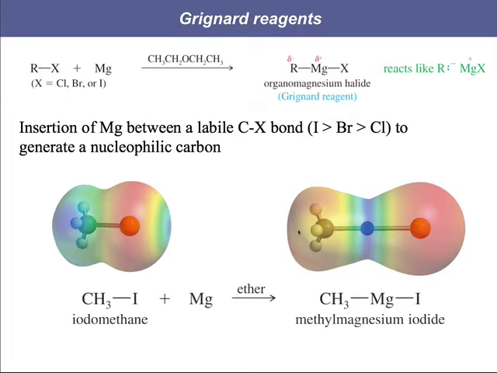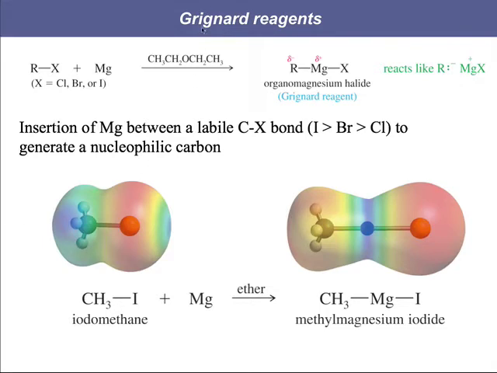This carbon is so unhappy being negative that you can basically think of it as an R- with a lone pair and then an MgX+. You can basically think about this R-Mg covalent bond as being so extremely polarized that it might as well be a full R-.